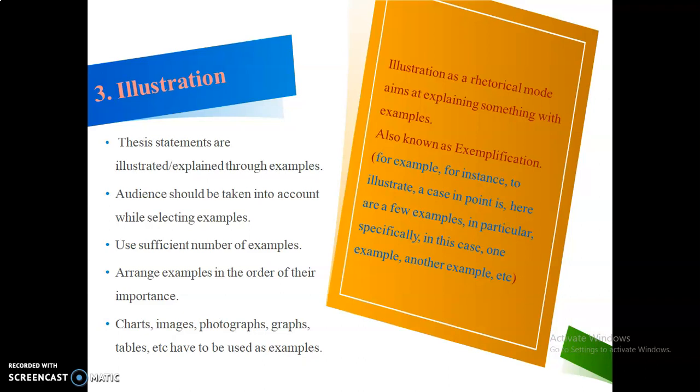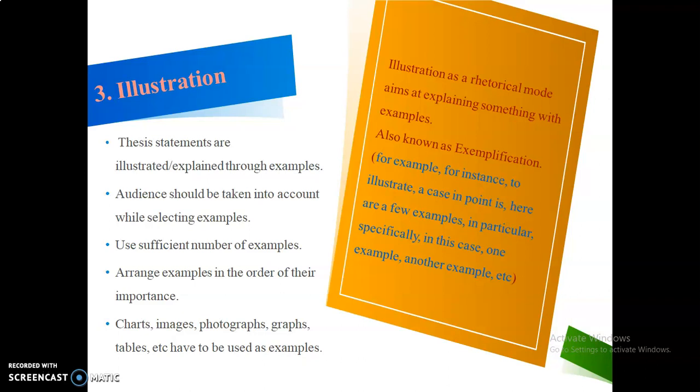We should have a good idea about the audience while selecting examples. For example, if audience are not familiar with the examples we select, it will not work, right? So we should keep the audience in mind.